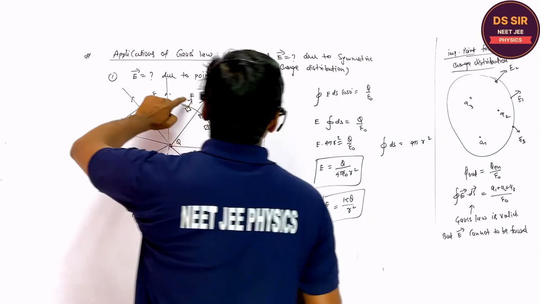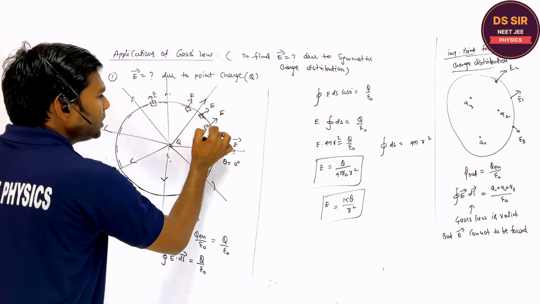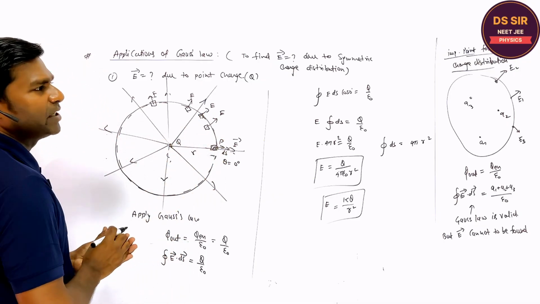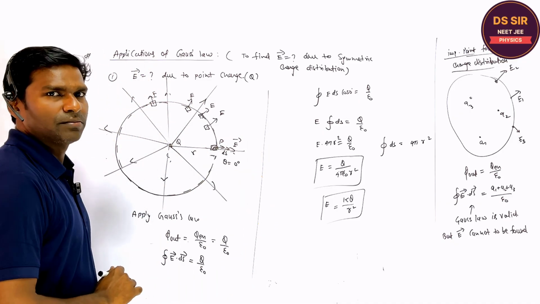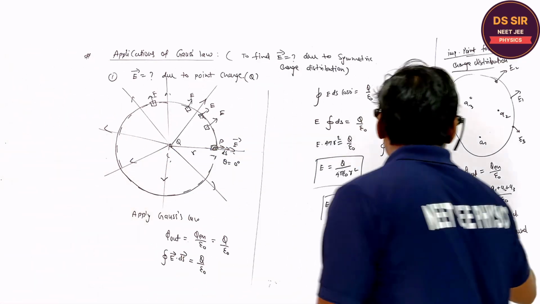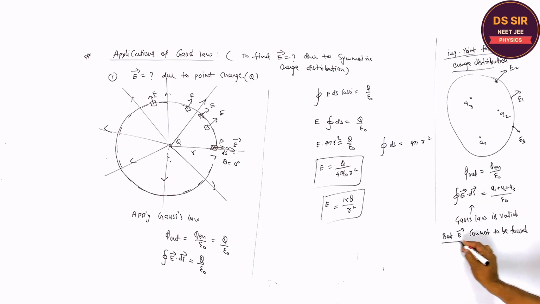In the earlier case, the magnitude of the electric field was the same at every point on the surface of the sphere, which is why the electric field came out of the integration. But in this case, the electric field is not constant, so we are unable to calculate this integration.